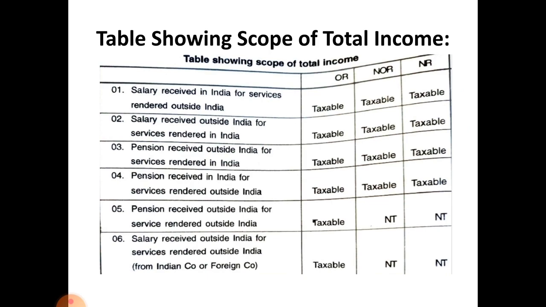Before starting the problems, you have to study thoroughly this table, that is the table showing scope of total income. There are 34 items relating to what we discussed in the previous session. Those 34 items are explanations for the items which we discussed in the previous session.